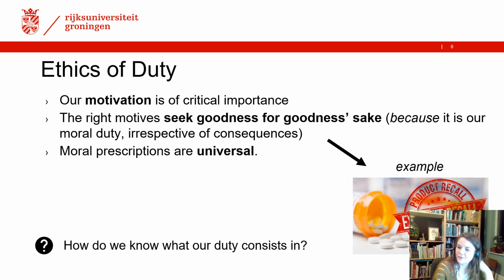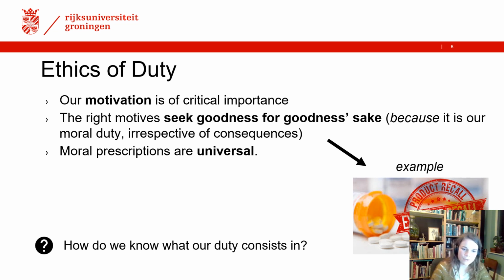If you had another motivation, for example, because you would get sued or lose profits if people were to find out, and so on, this would not be a motive that seeks goodness for goodness' sake, but has some kind of other interest at heart, right? And the consequence, remember, does not matter.